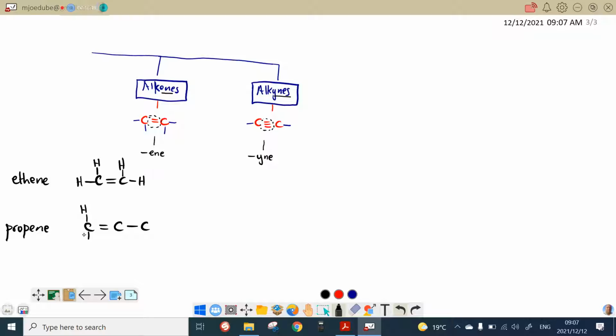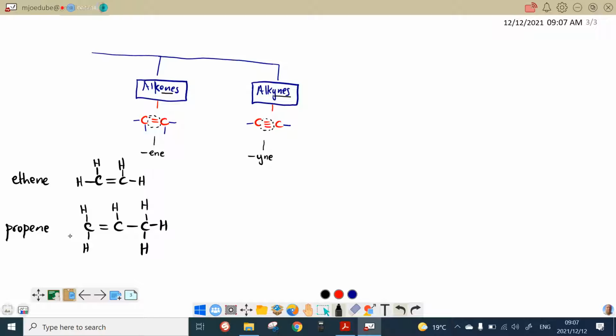So there you'll have a hydrogen, another hydrogen. And then in this second carbon, if you count, you've got 1, 2, 3. So you can only have space for one more atom, which is going to be a hydrogen. And then in the last carbon, you are going to have three more bonds, and each one of those occupied by a hydrogen.